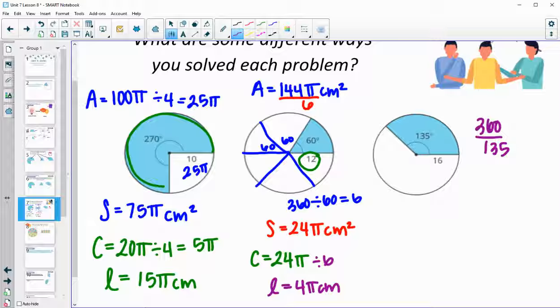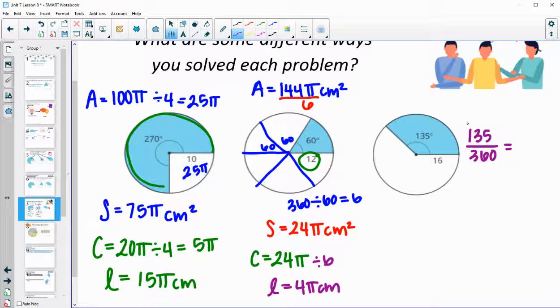It's not a whole number, which means it doesn't fit in there an even amount of times. So we could do a couple of different things here, but if we think of the portion of the circle that we have, that's 135 out of 360 degrees. This would get us our fraction. And you could leave it like that, or you could simplify it down.